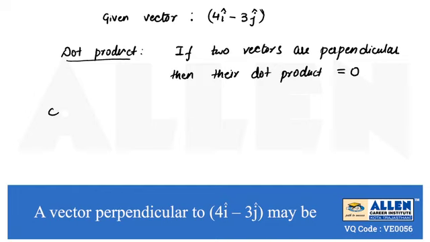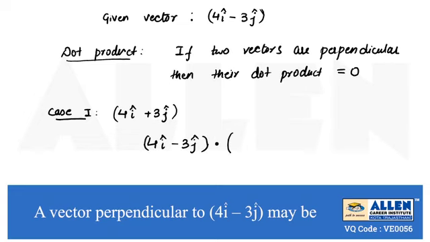So in the first case, we have the vector 4 i cap plus 3 j cap. We will use two vectors, 4 i cap minus 3 j cap, our given vector, and this vector. Their dot product should be equal to 0 if they are perpendicular.